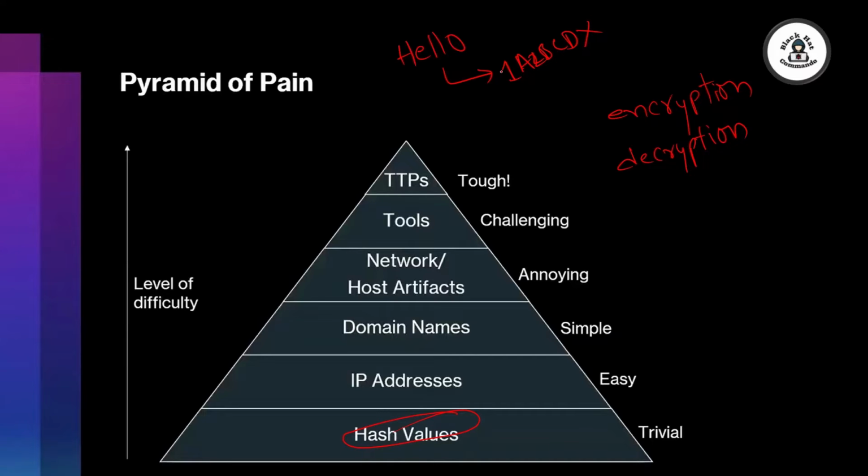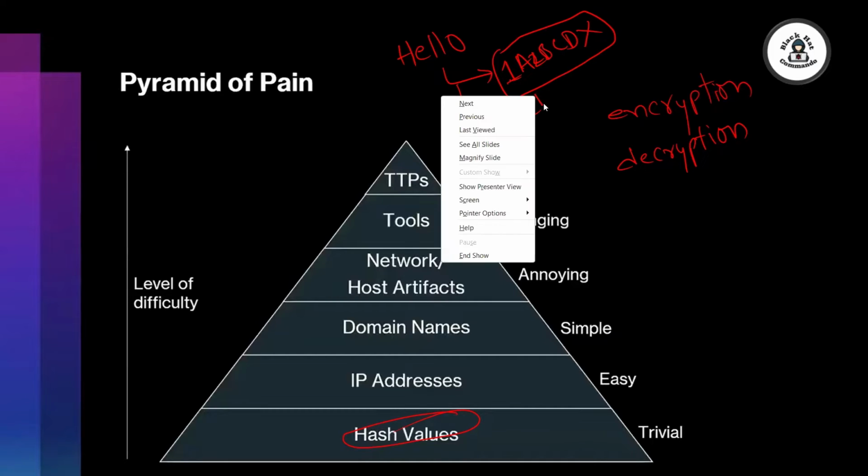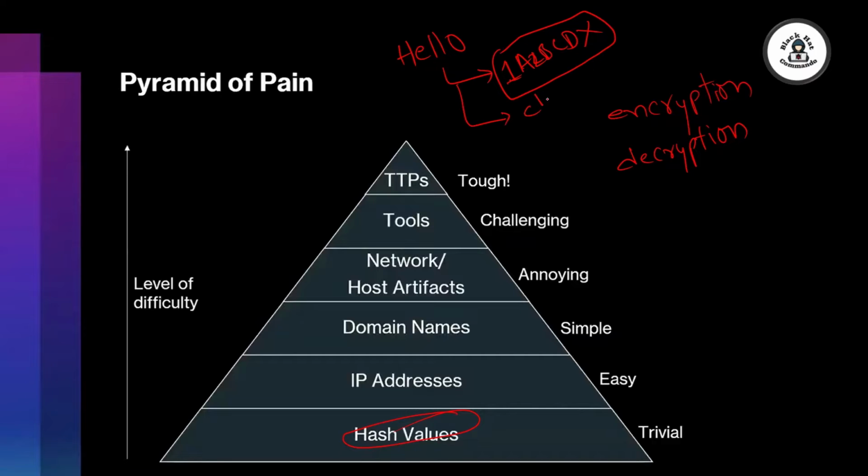Hello has been converted into this code using different techniques called cipher techniques. What are these cipher techniques? These cipher techniques help us to change plain text into unreadable format text. That is called encryption.